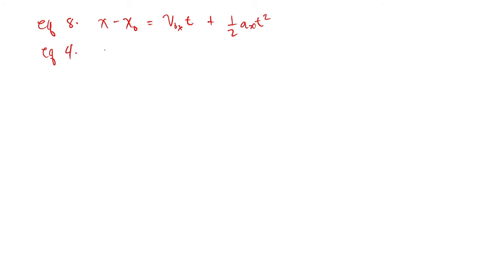Wait lang, hinahanap ko yung equation 4. Our equation 4 is our AX is equal to our final velocity or Vx minus our V naught over time.